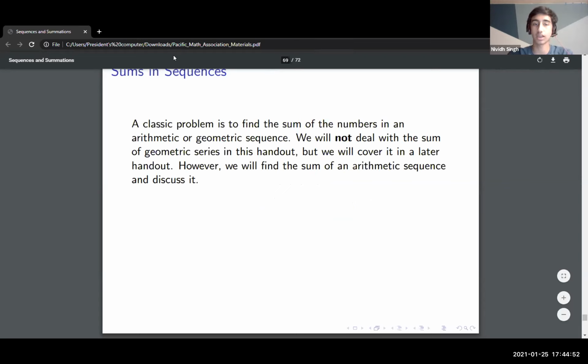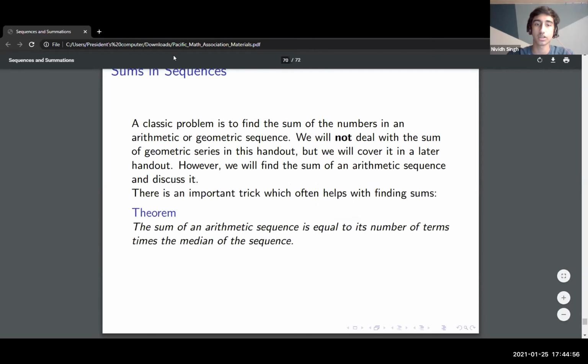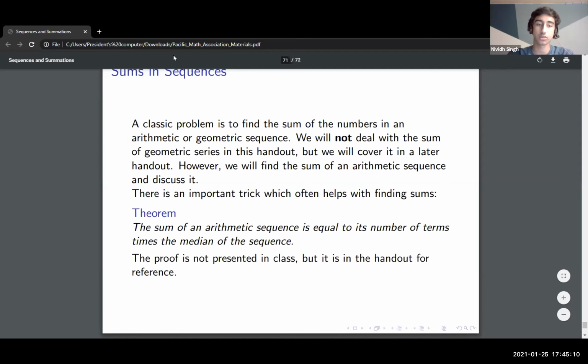But in this one, we cover the sum of an arithmetic sequence. There's an important trick which helps us to find the sum of an arithmetic sequence. The sum of an arithmetic sequence is equal to its number of terms times the median of the sequence. We're not going to prove it in class today, but it is in the handout if anybody wants to know why this is true.